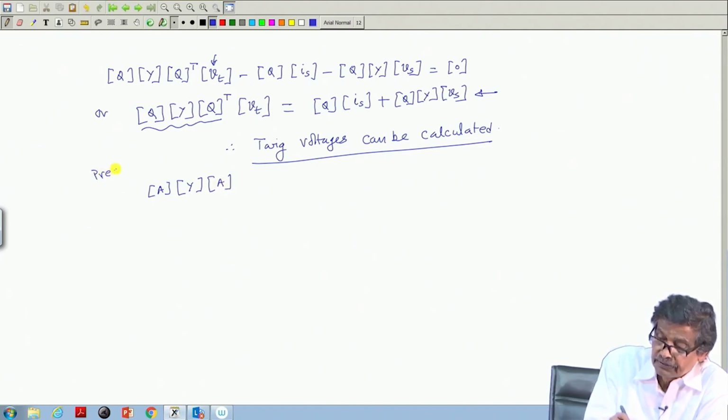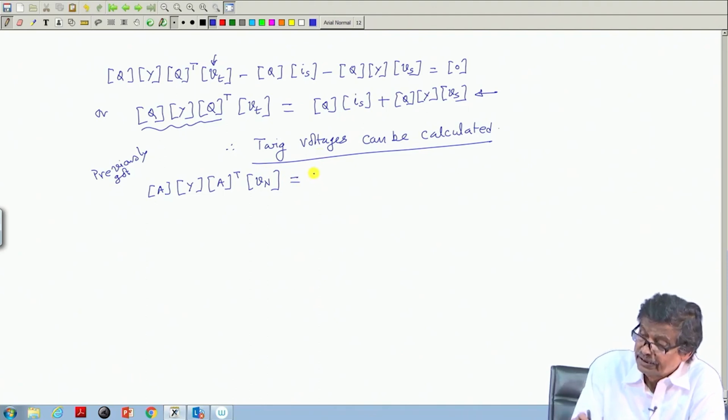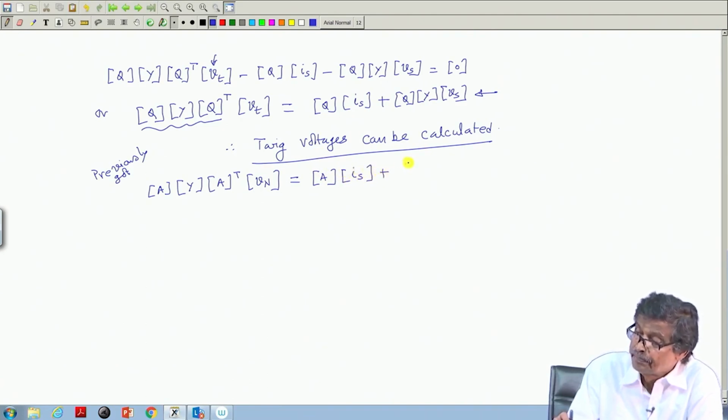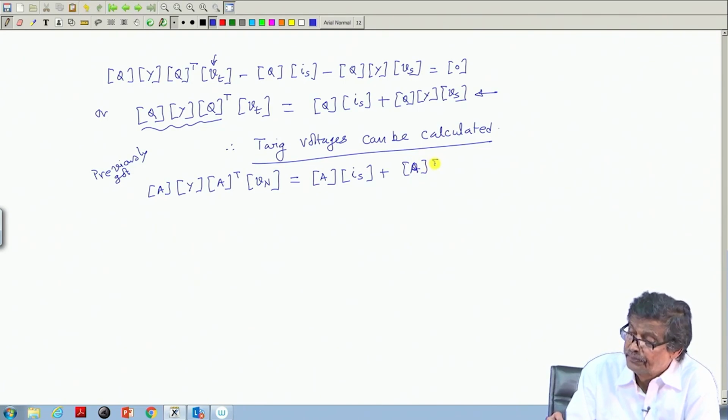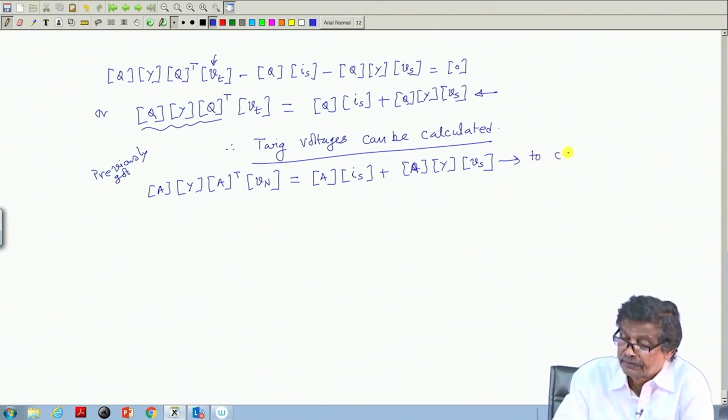Previously, we got A y A transpose into the node voltages is equal to, it was like this, A into I s plus A into y into V s. So, this was to calculate the node voltages.